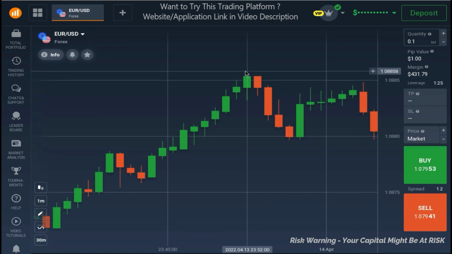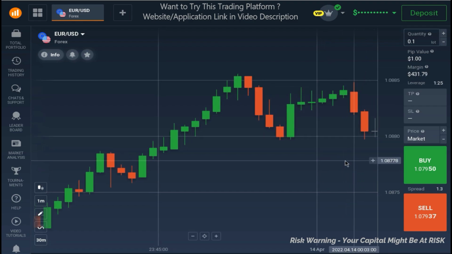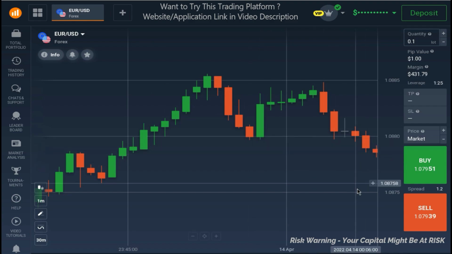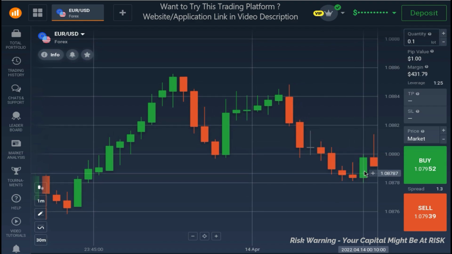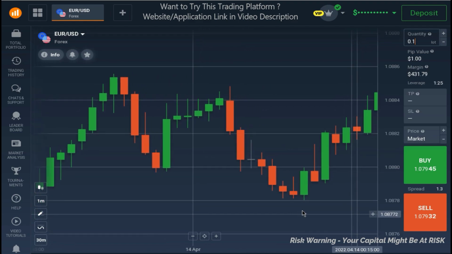So this is the high, this is the low, this is the lower high, and you can see the market crossed this low level and created a lower low. Let's see if we can have the swing. So this is the point where the downtrend is confirmed. Now let's see where the market goes, and the market is going up.